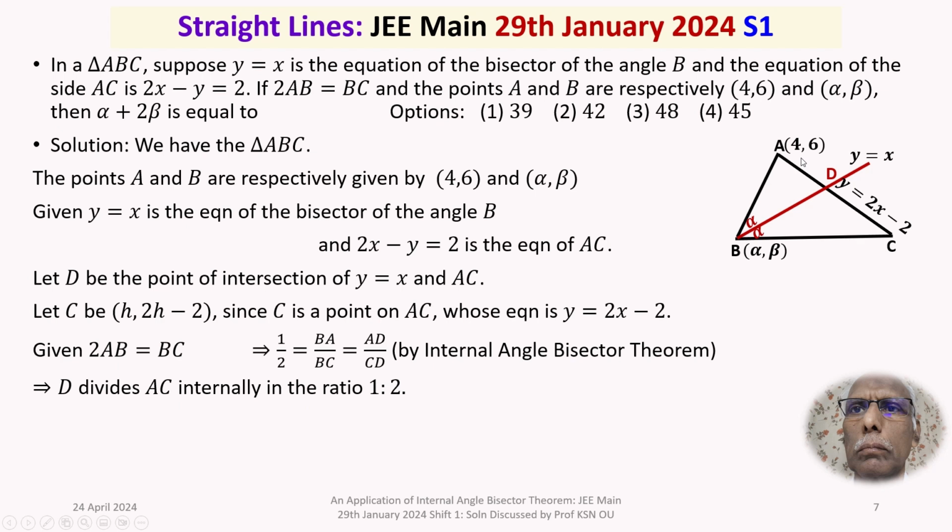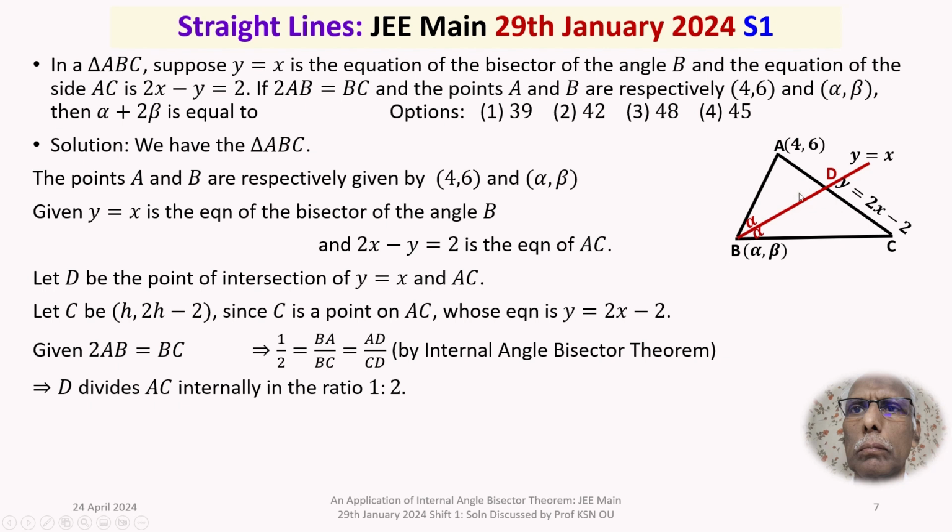And we know the coordinates of A are 4, 6, and the coordinates of C are h comma 2h minus 2, and D is dividing AC internally in the ratio 1 is to 2.